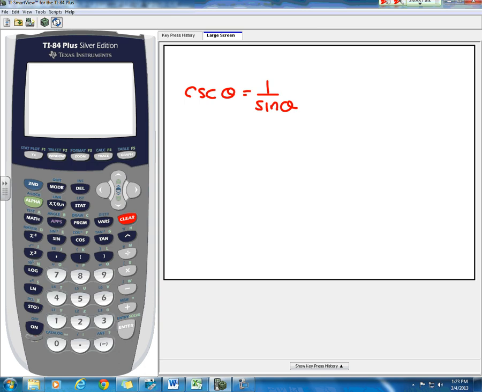We've got to do 1 divided by the sine of whatever our angle measure is. That's the equivalent of cosecant. Secant is going to be 1 divided by cosine. And then cotangent is going to be 1 divided by tangent.